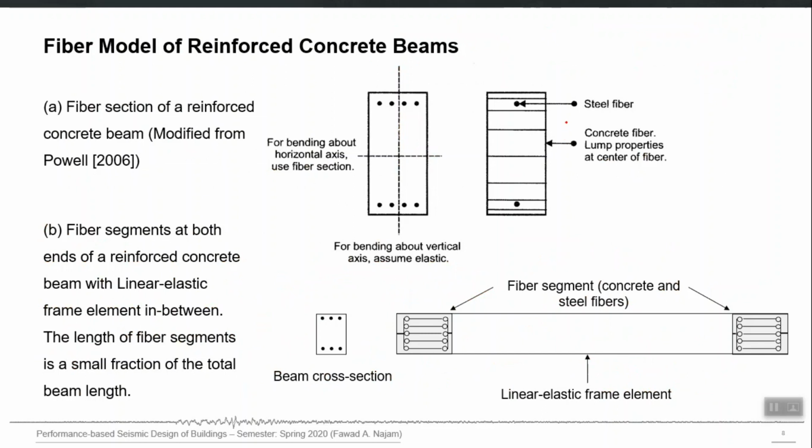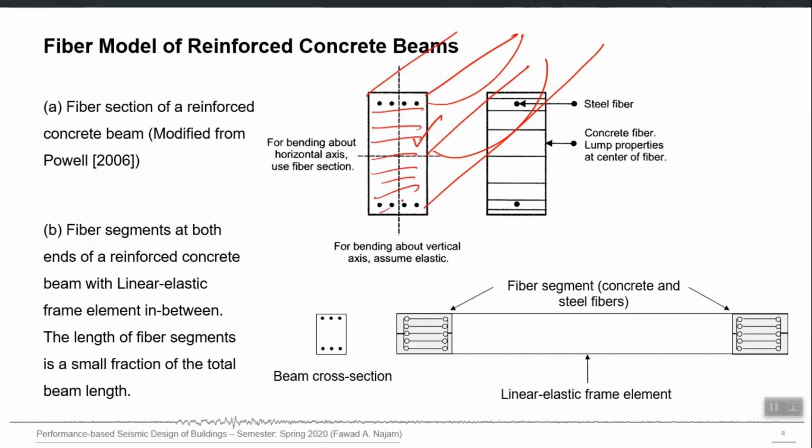So this is how a beam will look when I cut it hypothetically into fibers. This is a beam section. No need to cut it in the vertical direction, because the primary axis for bending will be, if this is that beam running, this is how it is going to bend, right. So only fibers in this vertical direction, along the depth, are enough.